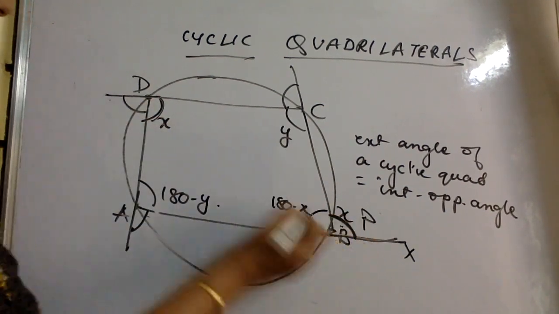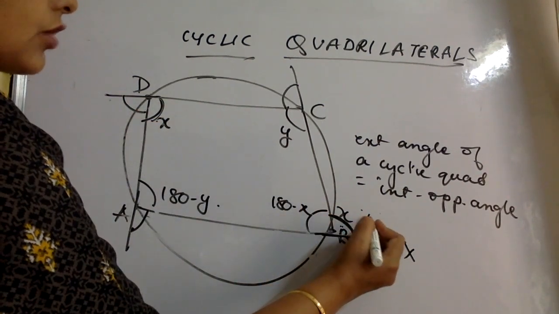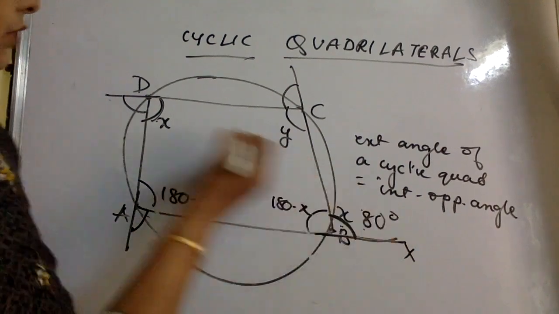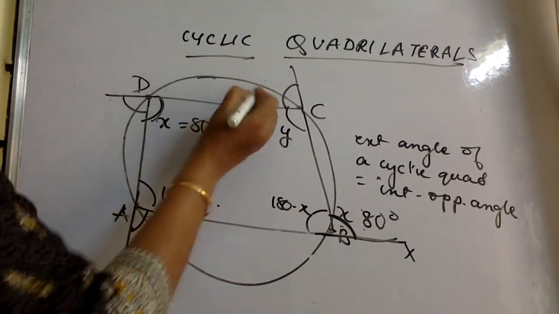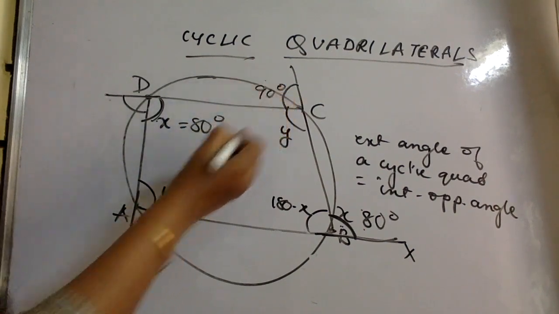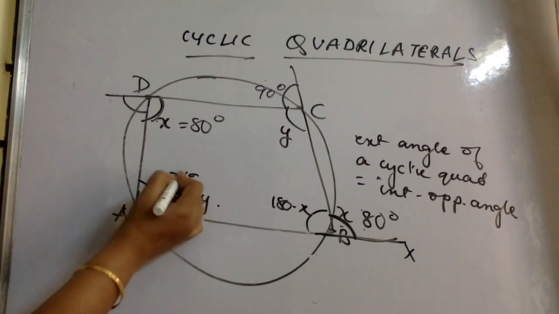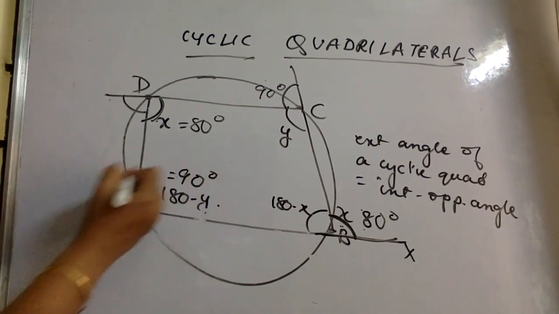That means if this is x, this also is x. If this is 80 degrees, then this is also 80 degrees. Similarly, if this is 90 degrees, or whatever angle, then this angle will also be 90 degrees.